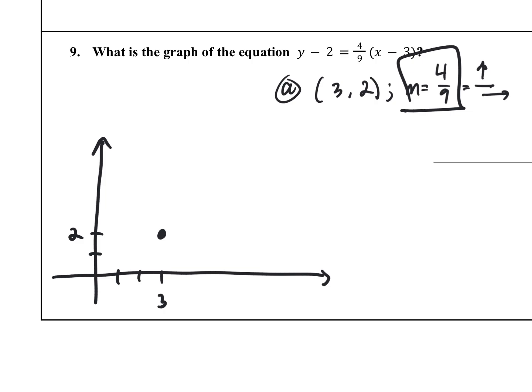It goes 4: 1, 2, 3 and 4, and then it goes 9 here: 1, 2, 3, 4, 5, 6, 7, 8 and 9. So from here it goes 4 units, and now it goes to here for 9 units. So from these 2 points now, I can now start creating my line.